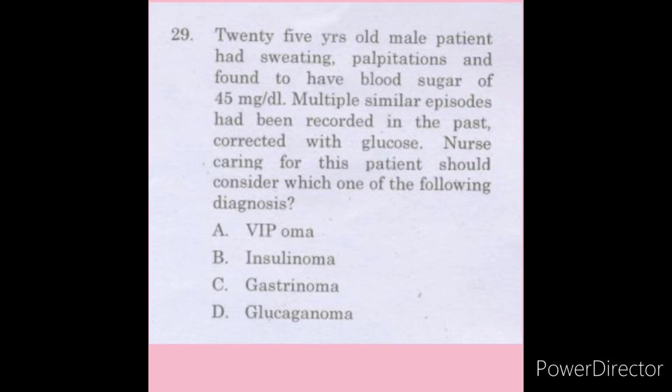A 25 year old male patient had sweating, palpitation, and was found to have a blood sugar of 45 mg per dl. Multiple similar episodes had been recorded in the past, corrected with glucose. The nurse caring for this patient should consider which of the following diagnoses.